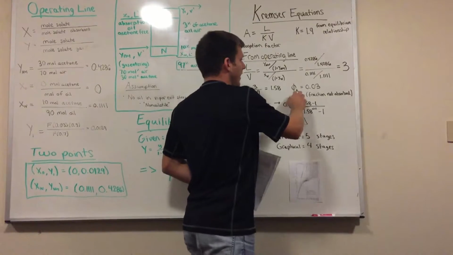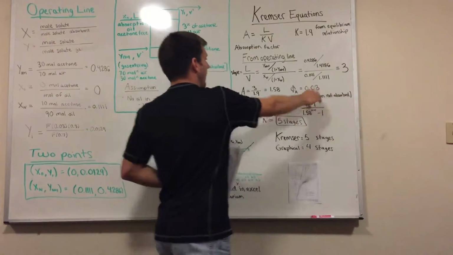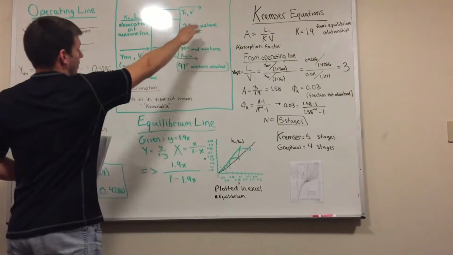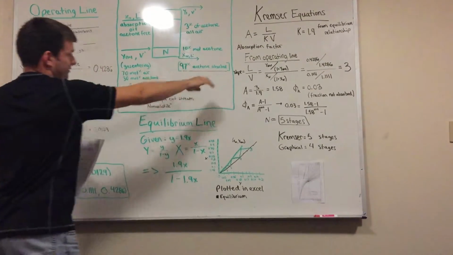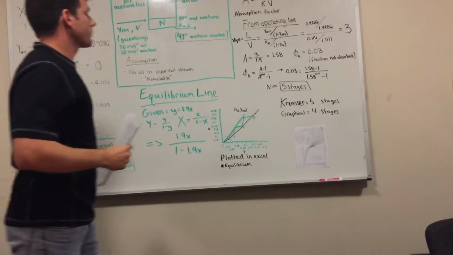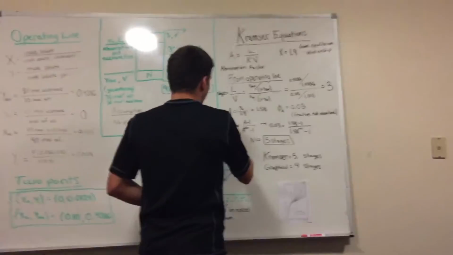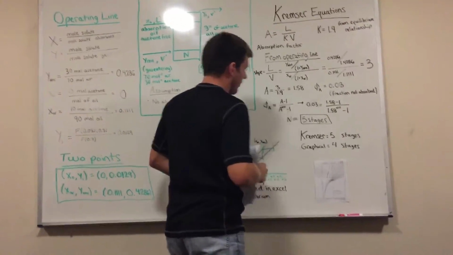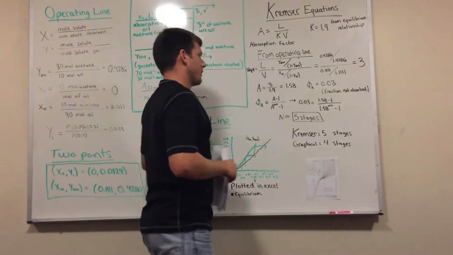Now, phi A is the fraction not absorbed, and that's equal to 0.03, because 0.03 of acetone comes out here, where 97% is absorbed. So phi A is equal to (A minus 1) over (A to the n plus 1, minus 1).